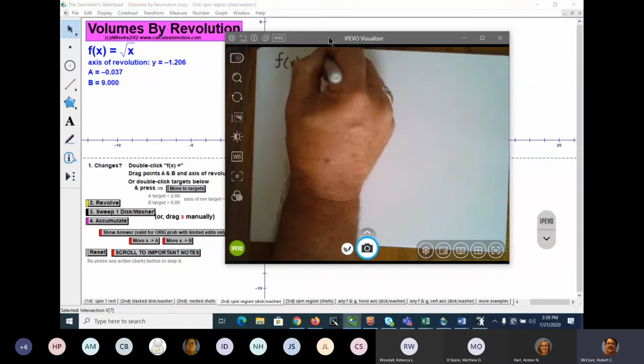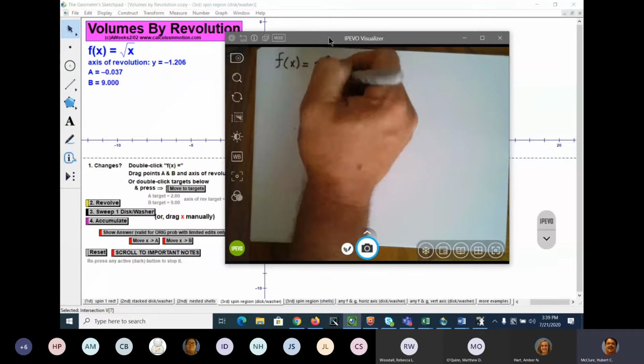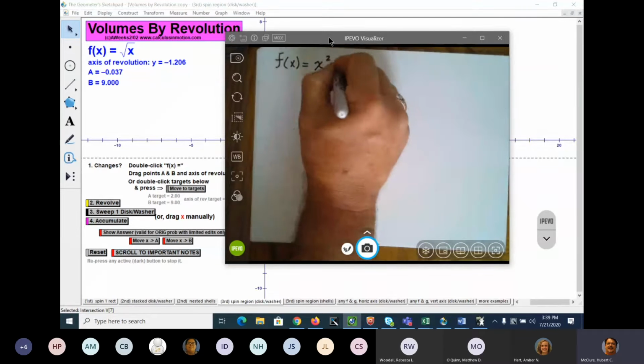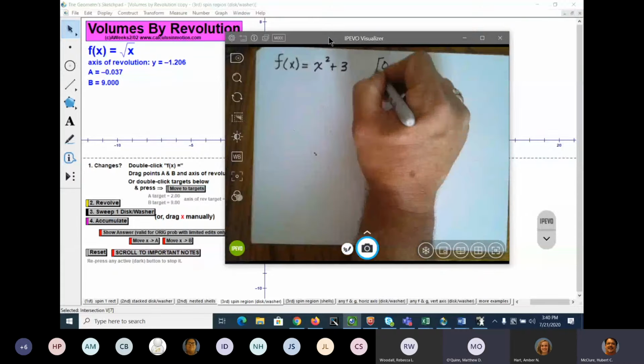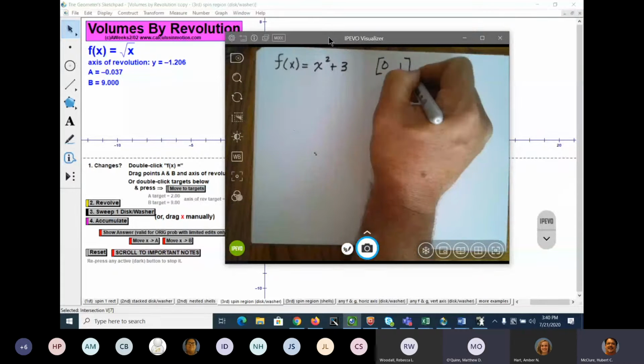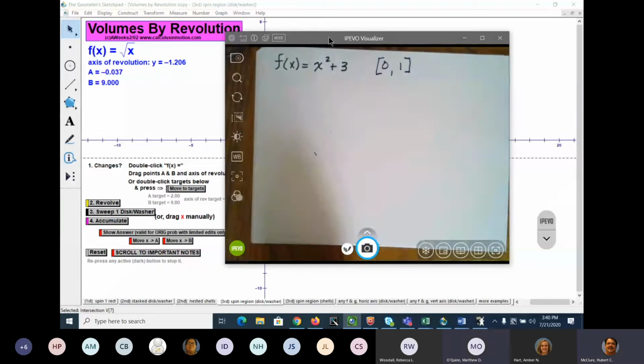All right, now what I want you to do, and we're going to go from 0 to 1, I want you to set this one up. I want you to graph it. And I want you to set it up as a disk around the x-axis.